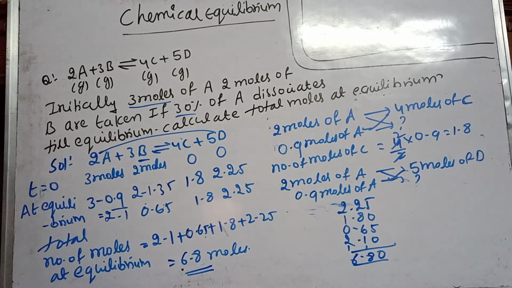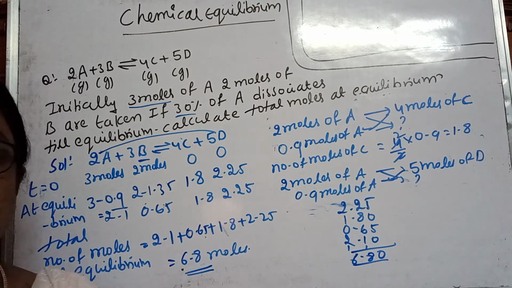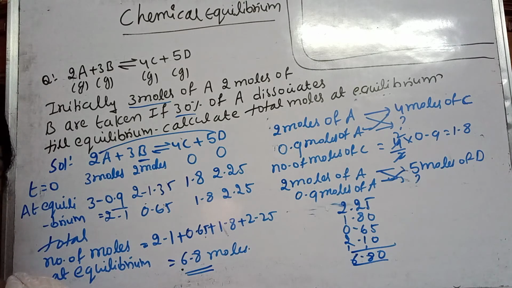Such types of model questions are very important for MSET exams. In the next video we are going to discuss the equilibrium constant with respect to concentration and with respect to pressure, Kp and Kc.